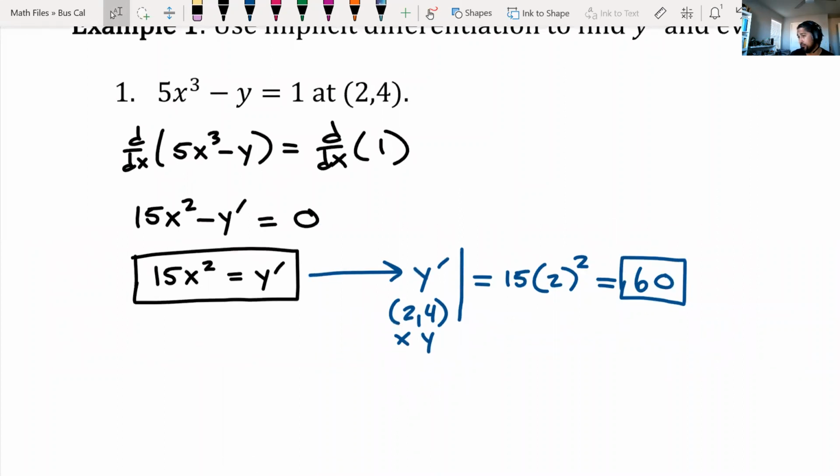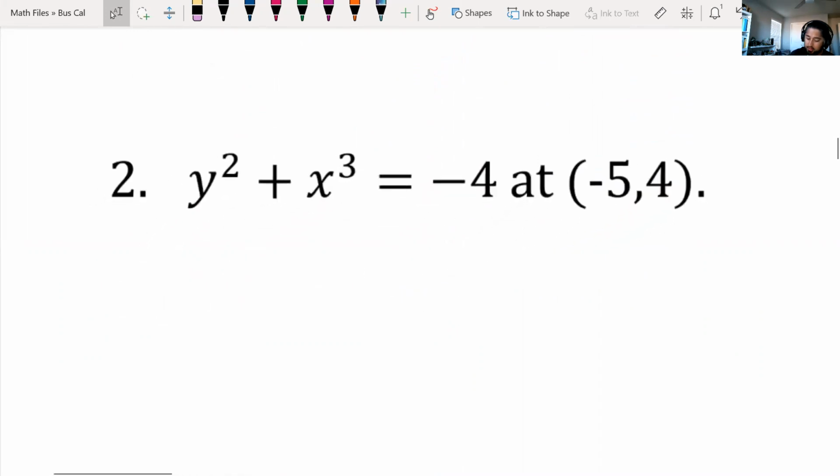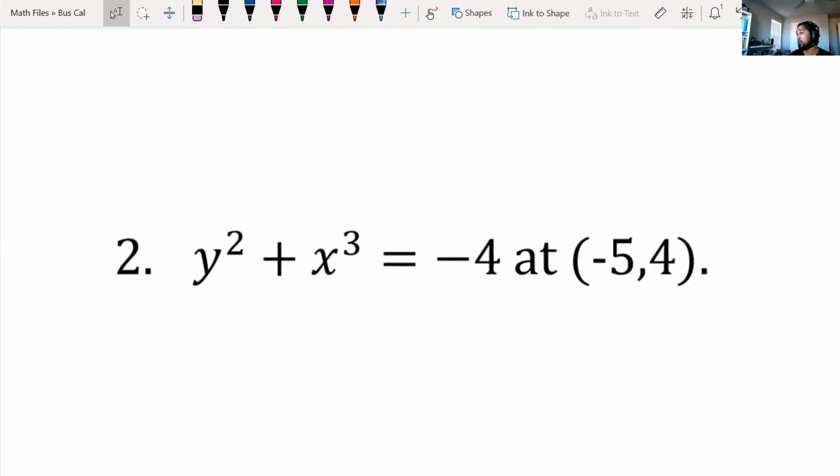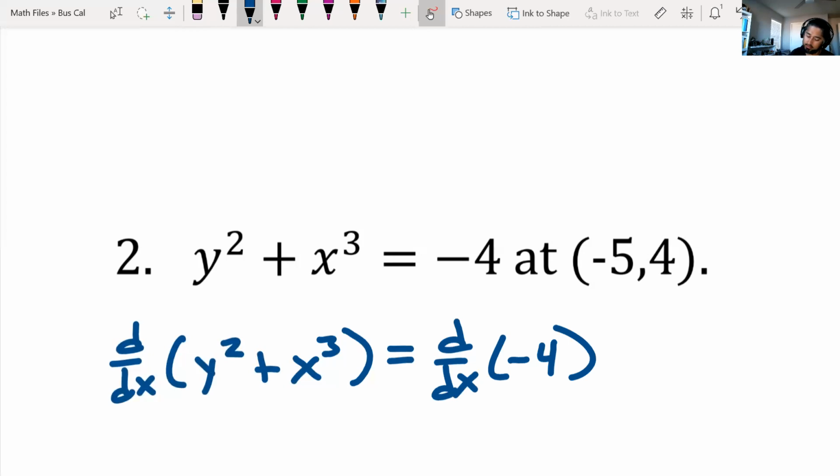All right, let's try another one. All right, y squared plus x cubed equals -4. Again, we'll say d over dx of y squared plus x cubed equal to d over dx of -4. So we apply the derivative to both sides.